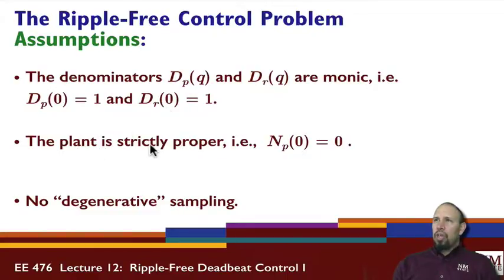Second thing is that we're going to assume that our plant is strictly proper. That is, if we evaluate the numerator polynomial at q equal to 0, we get 0. This is actually a little bit different kind of property, and it turns out that not every system satisfies this property. But this is an important property that's going to simplify things greatly for us, and so we're going to make this assumption.